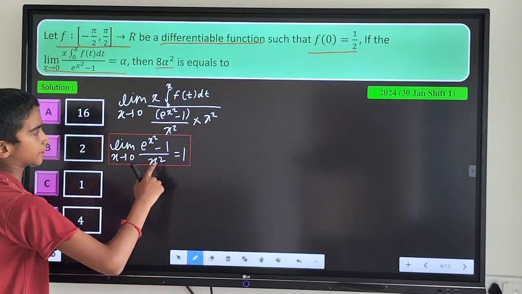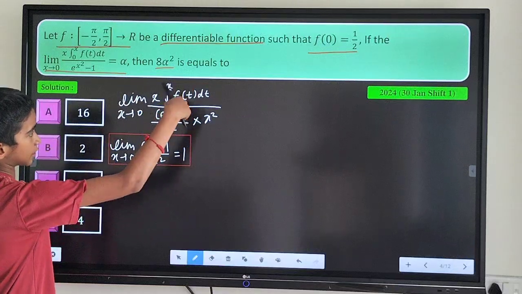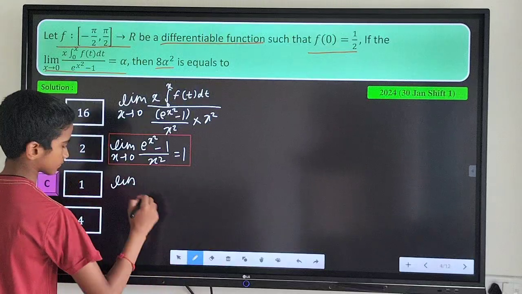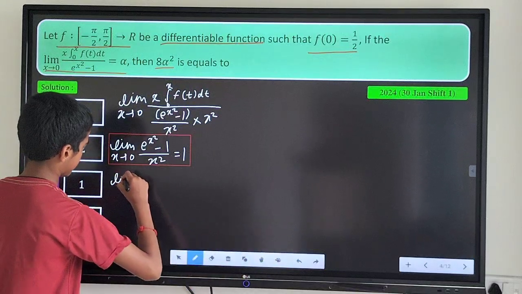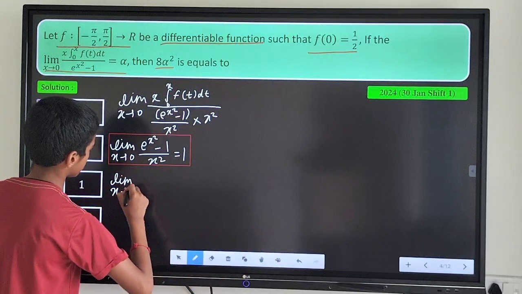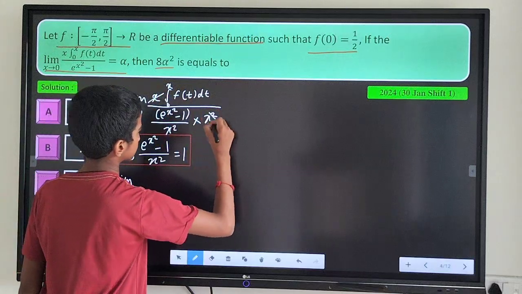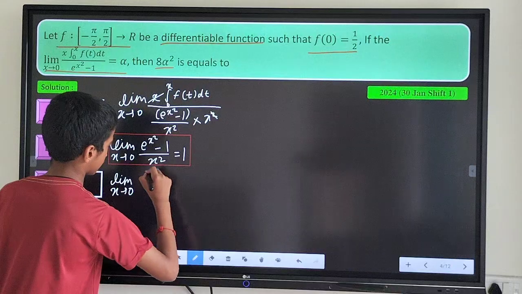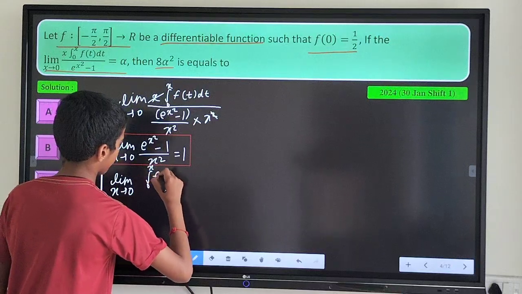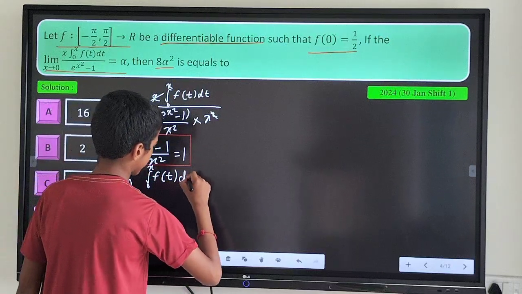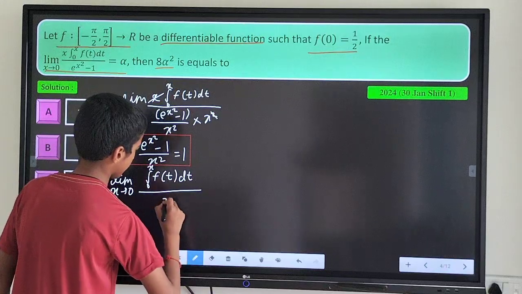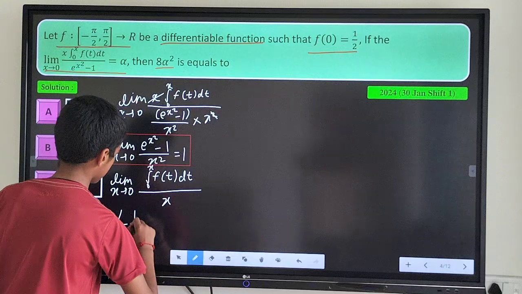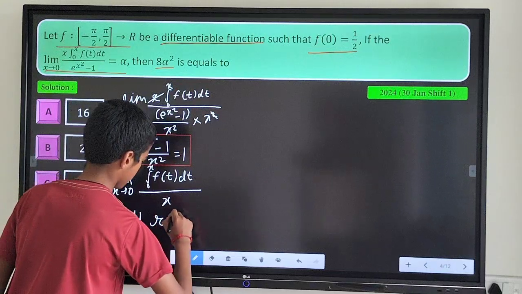Now I will use this limit in the above limit, so we will get limit x tends to 0, our x square will cancel, integral from 0 to x f of t dt upon x. Now in this limit we will use L'Hospital's rule.